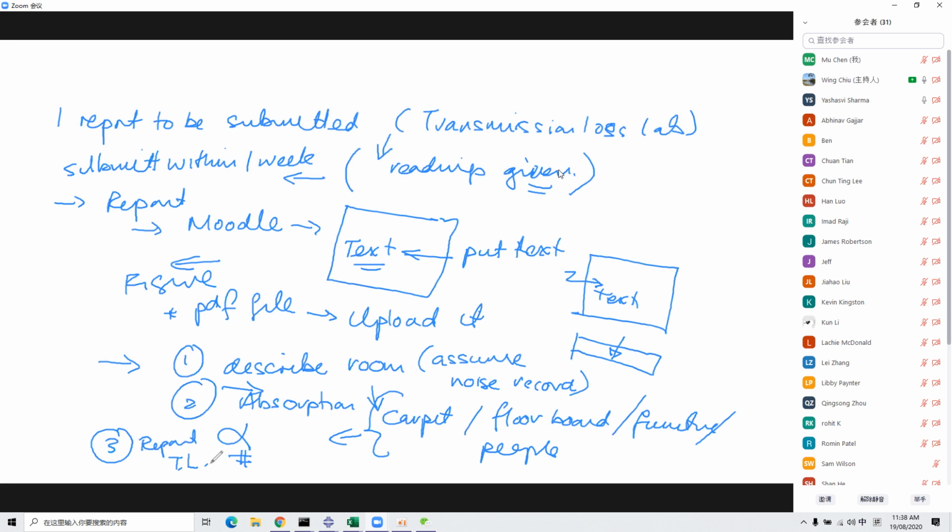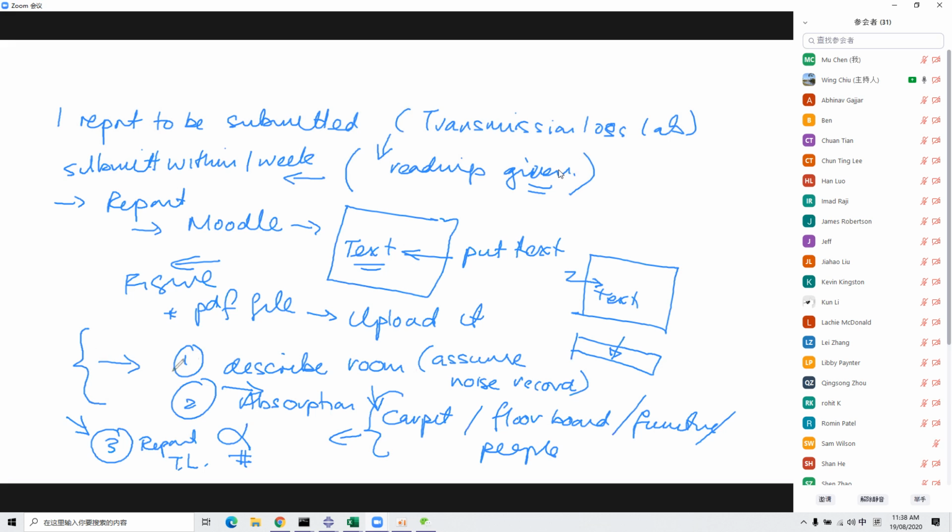Especially with points 1 and 2, point 3 is something we will be going through later on in the semester, where you calculate transmission loss.